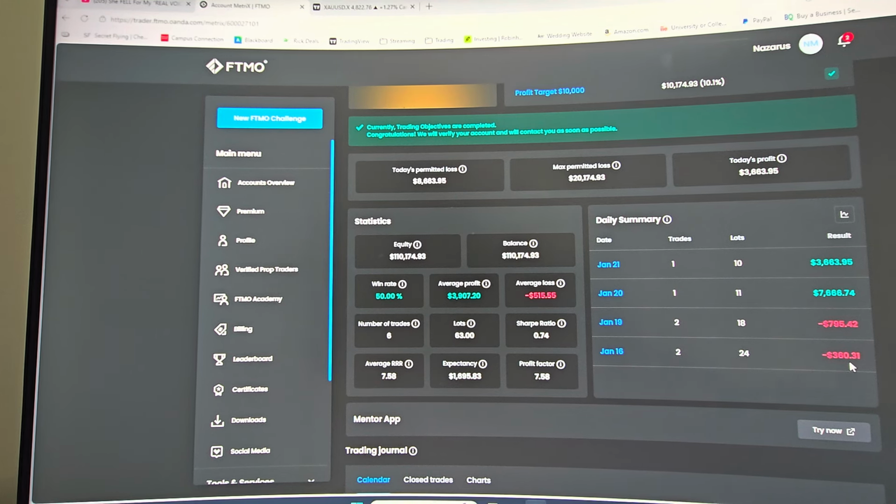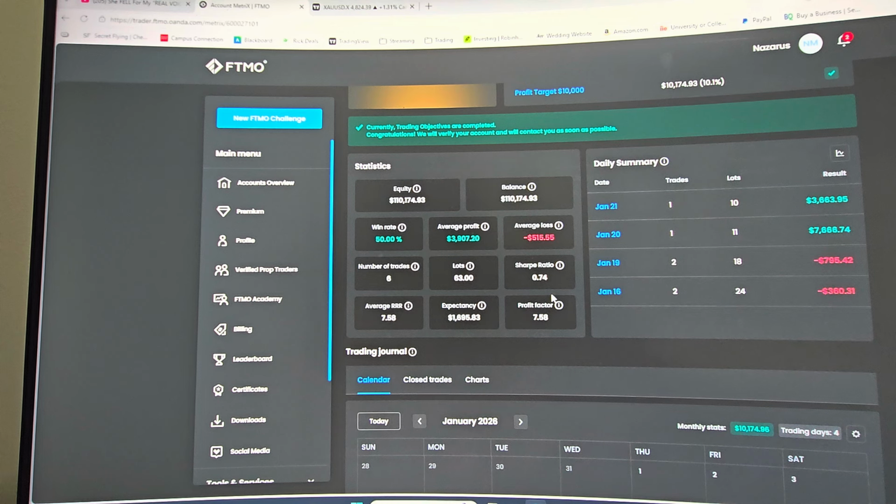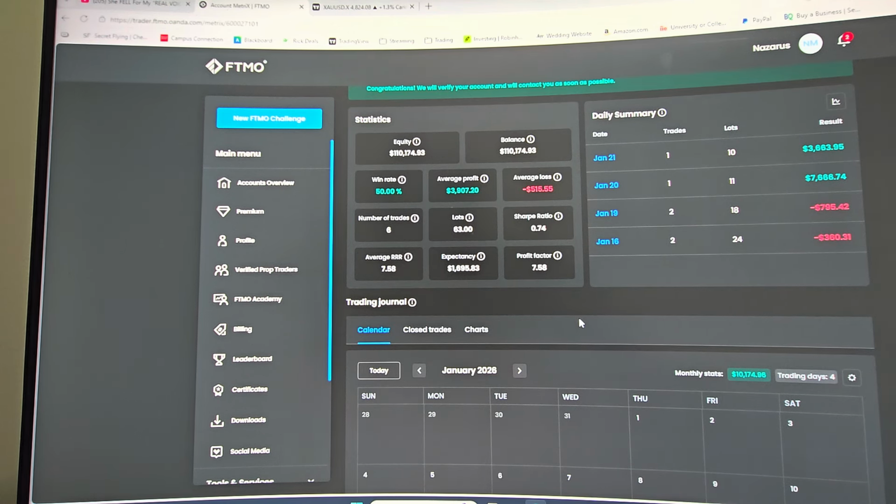So we took how many trades? 2, 4, 6, and we won 3 and lost 3. So 50% win rate, average profit of 3,900, average loss of 500. 6 trades, 3 profitable. Expectancy, average risk to reward of 7.5, that's pretty good.